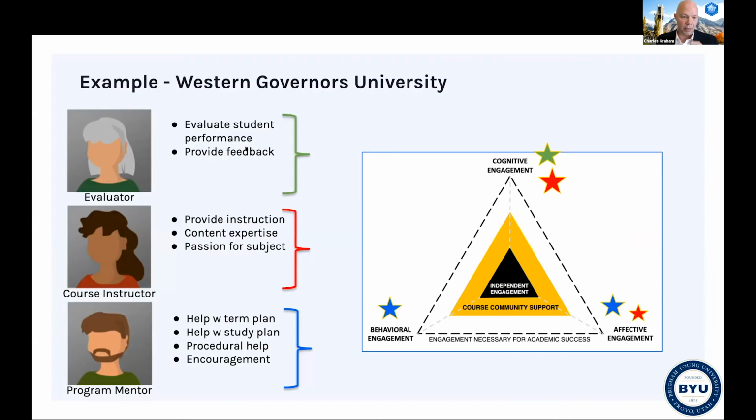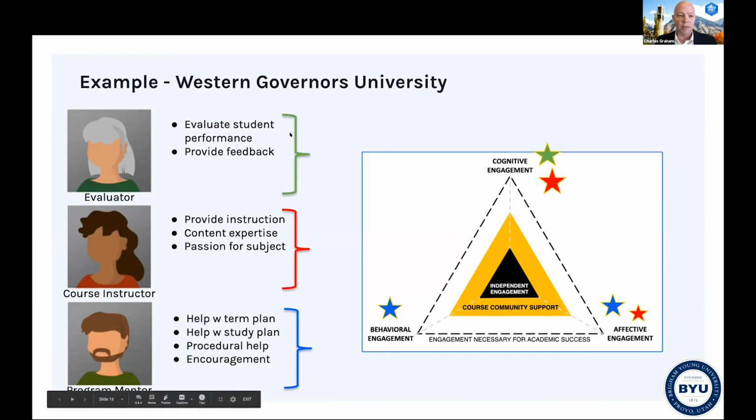So here's an example from Western Governors University. For each student, they actually get assigned an evaluator, a course instructor, and a program mentor. And these people fill different functions within this engagement model.